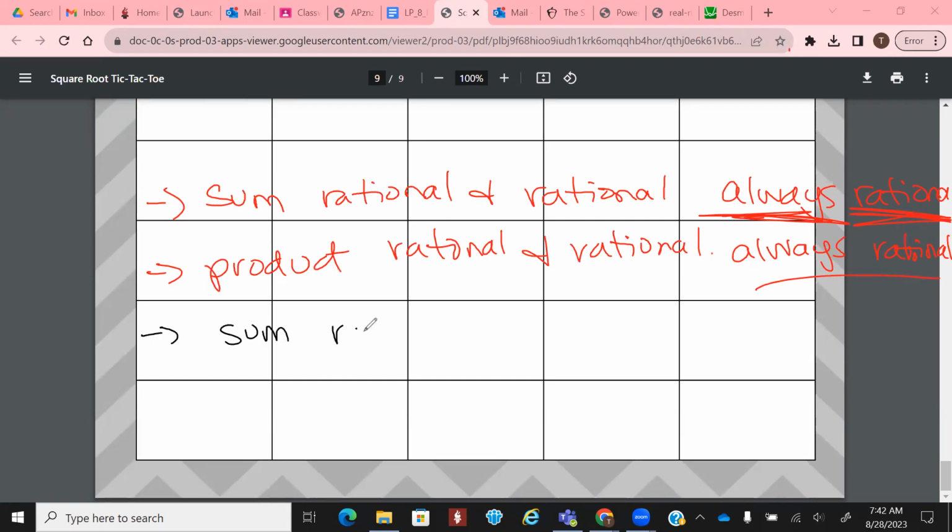The sum of rational and irrational is always going to be irrational.